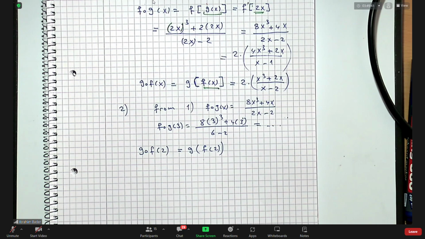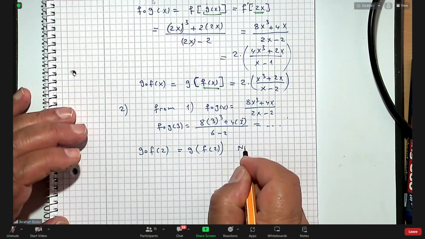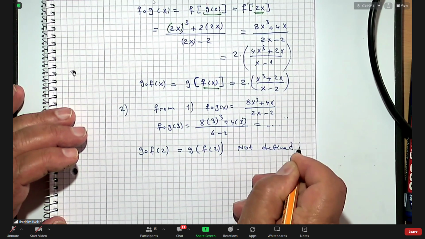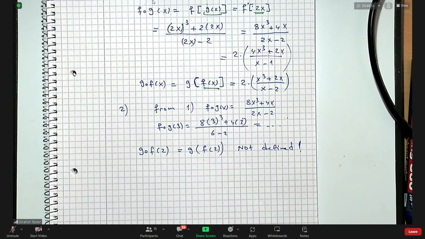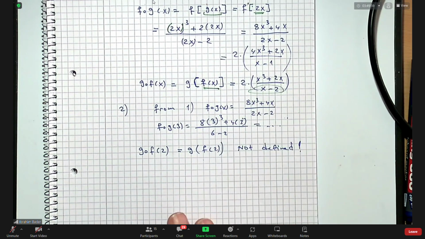Okay, so I hope this is clear that this is not defined, because here it will cause this to be 0 and it's not defined.